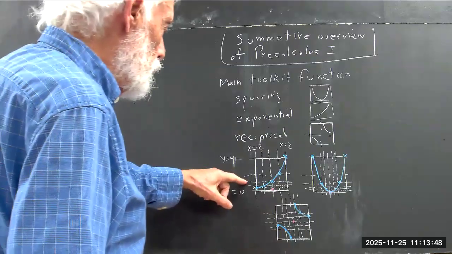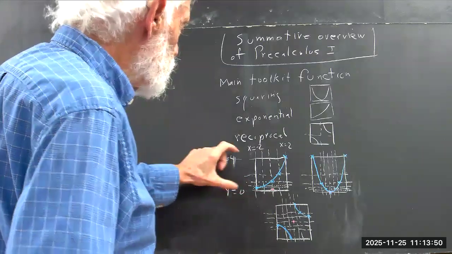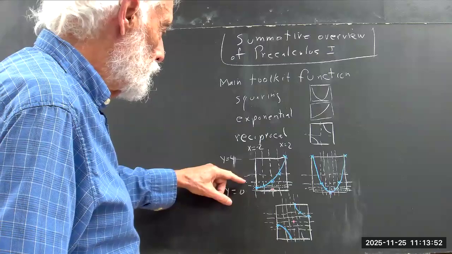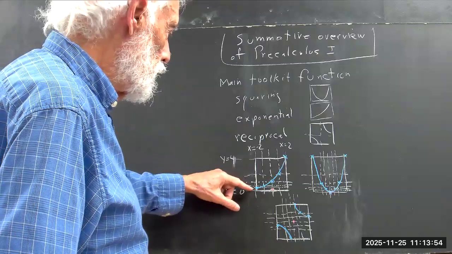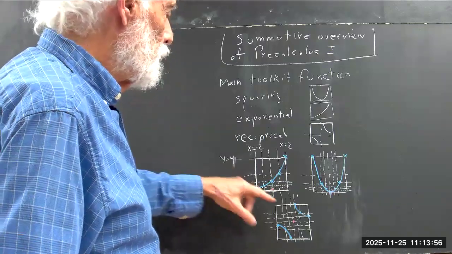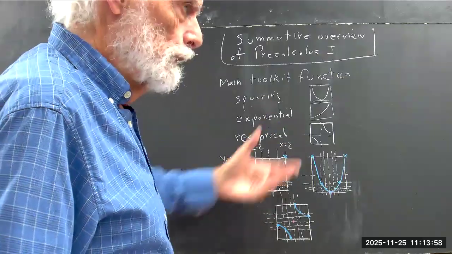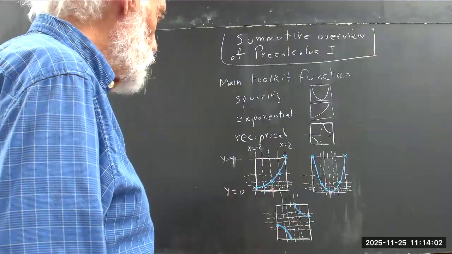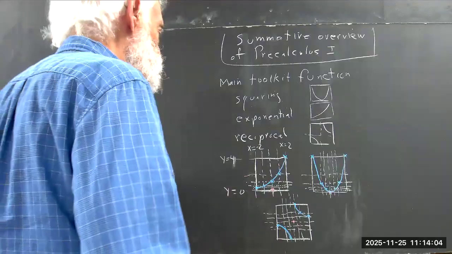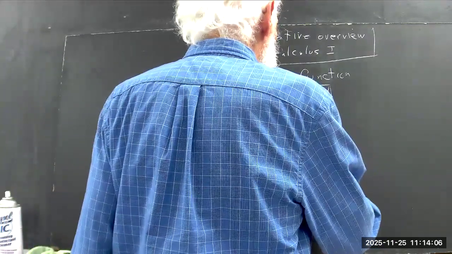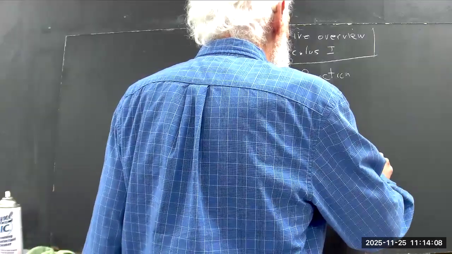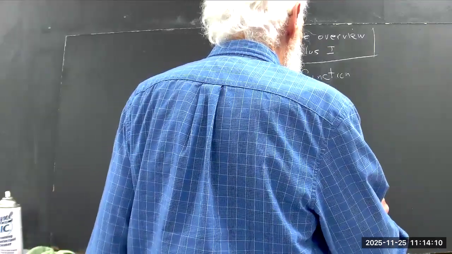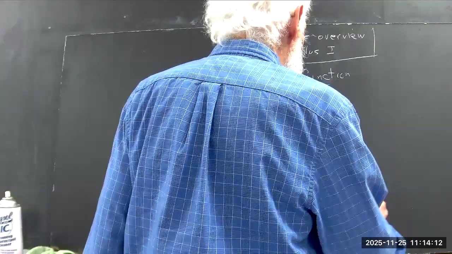we can label these construction lines. If this is y equals 4, this will be y equals 2, y equals 1, y equals 1/2, y equals 1/4. I'm not going to label these because we've done a lot of labeling, and everybody should know what the labels are. In fact, I'm going to go ahead and label y equals 4 here, y equals 0 here.